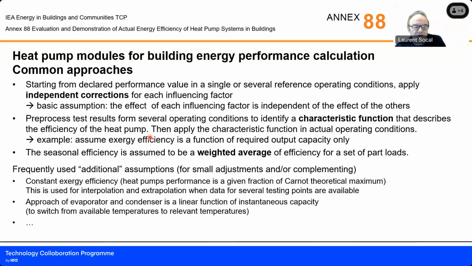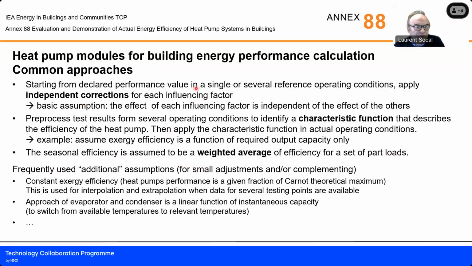So you can calculate this function by a pre-processing and then use it to calculate any operating condition. But this has, of course, very heavy assumptions. Or you can just use, for example, a seasonal efficiency, the weighted average of efficiency for a set of part loads.